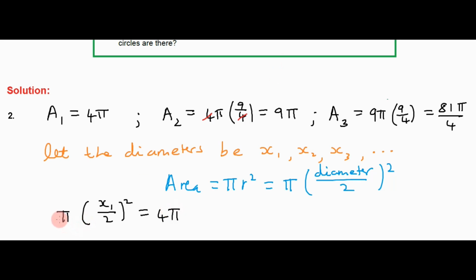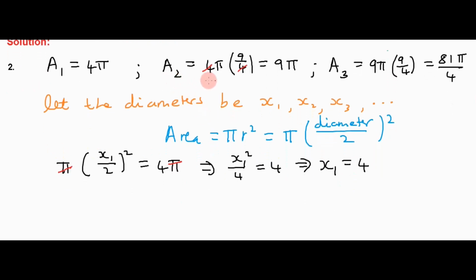The pi's can cancel on both sides. And then we have x1 squared over 4 equals 4. And solving this equation, we can multiply through by 4. So x1 squared is 16, and x1 is the square root of 16, which is 4.